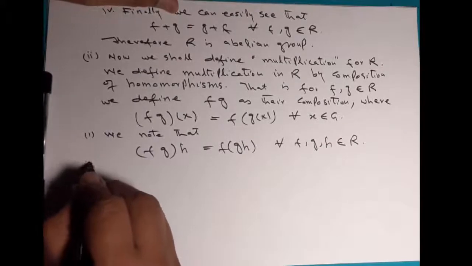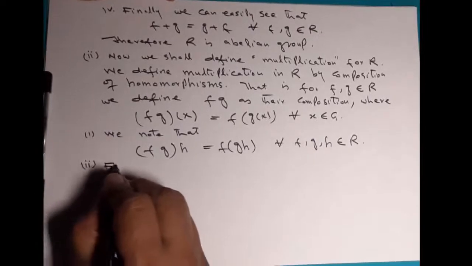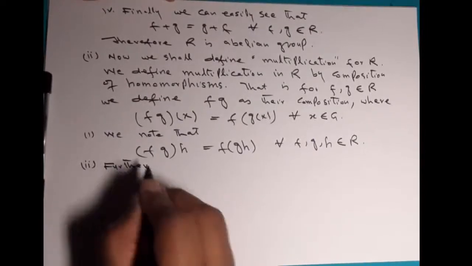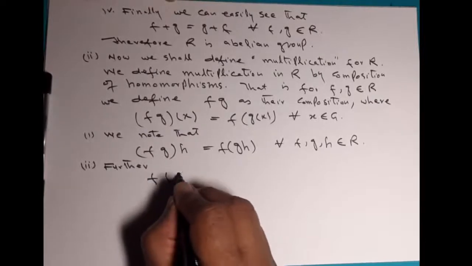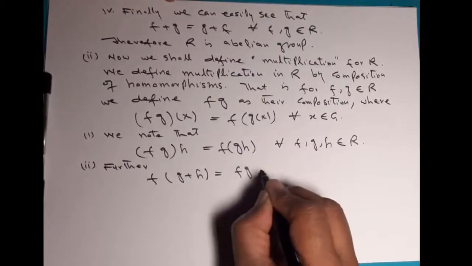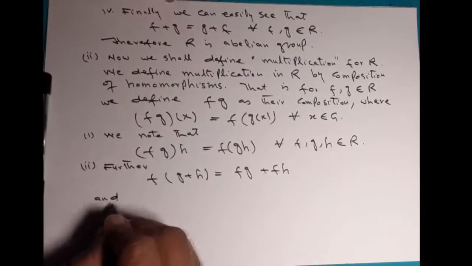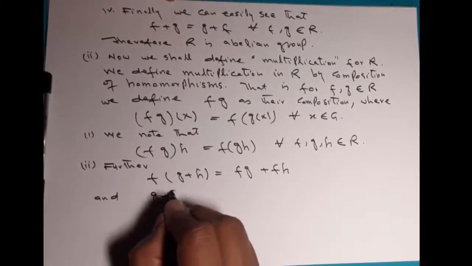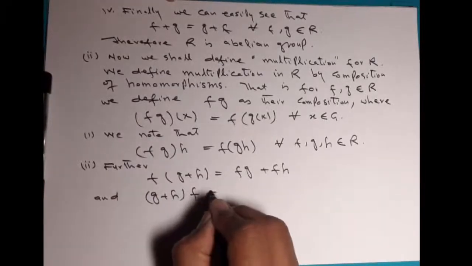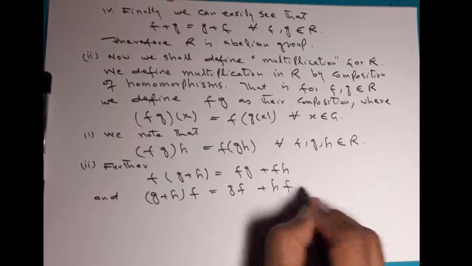Secondly, after associativity, we have to see the distributivity. Further, F composed with G plus H is the same thing as F composed with G plus F composed with H, and G plus H composed with F is equal to G composed with F plus H composed with F, and you can see it very easily.